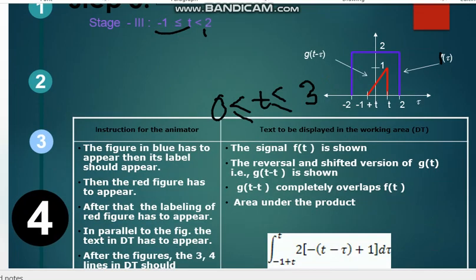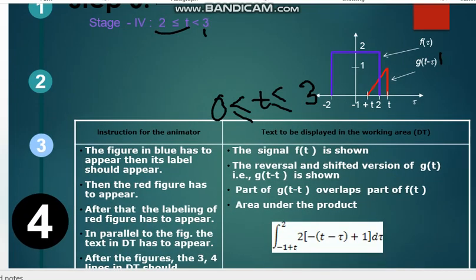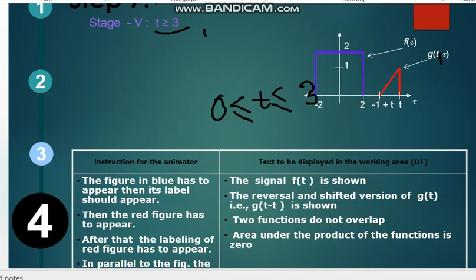Now you can see that you have to take beyond 3. Is there any connection? No, there is no connection here at all.